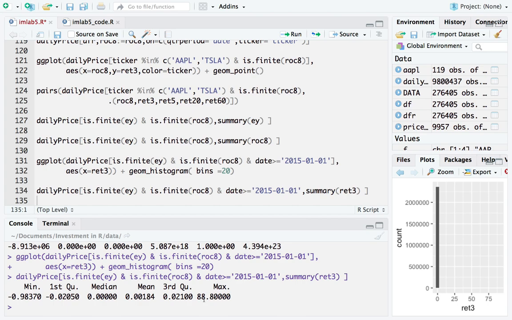There's some stock out there that in 3 days, for whatever reason, increased not by 100%, 200%, 300%, not by 1x, 2x, 3x. It increased by 88x. This is basically saying, hey guys, if you put $100 in this stock, in 3 days you would have got how much, guys?